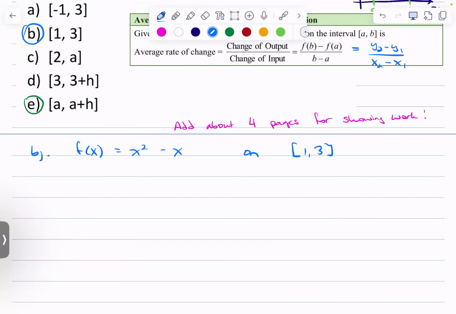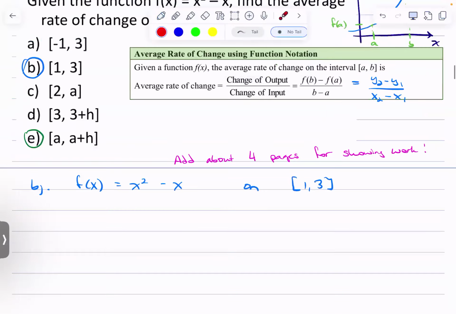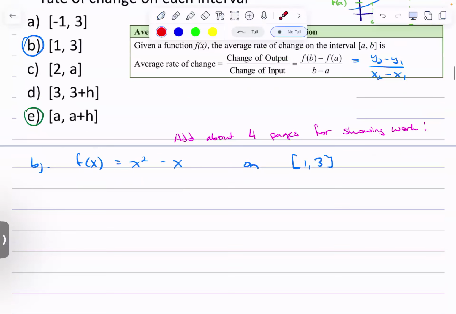Now, since I have this interval and this function, I'm going to use the f of b minus f of a version of the average rate of change. What's our first step? Let's highlight what our a is.